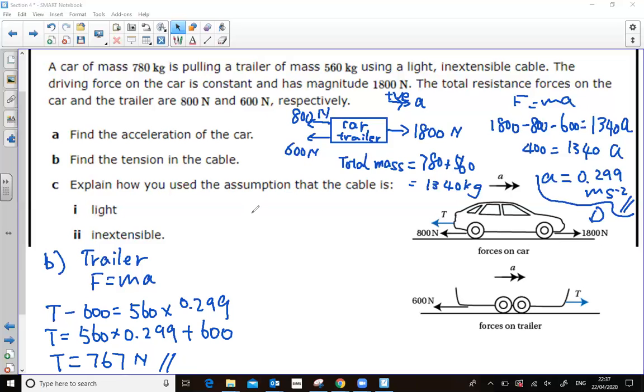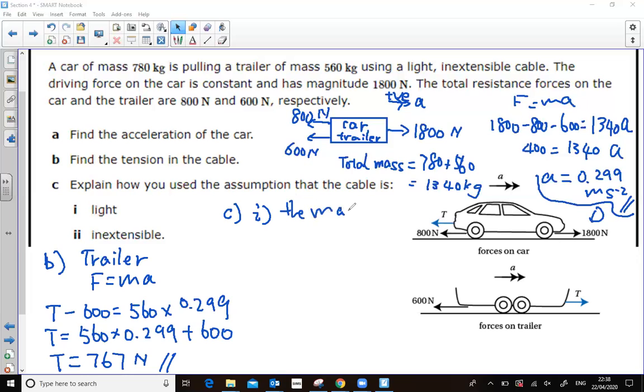Right. Now, part C, explain how you use the assumption that the cable is light or inextensible. So just like what we explained before. Now, if the cable is light, that means the mass of the cable was not included in the total mass of the two objects. So we could write down that as the explanation.